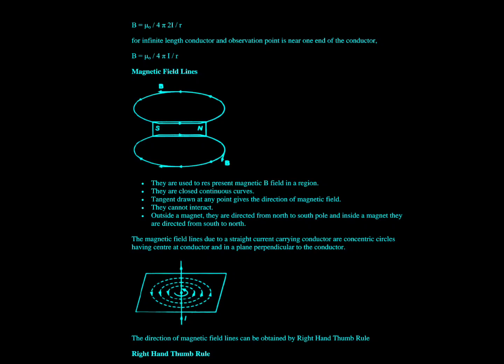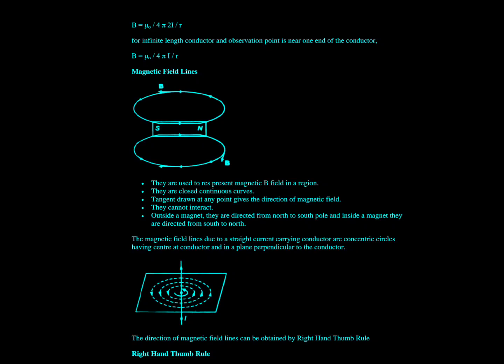The magnetic field lines are represented in a different way for a straight current carrying conductor. For the straight current carrying conductor shown in the figure, with current I flowing through it, the magnetic field lines are concentric circles centered at the conductor, in a plane perpendicular to the conductor.